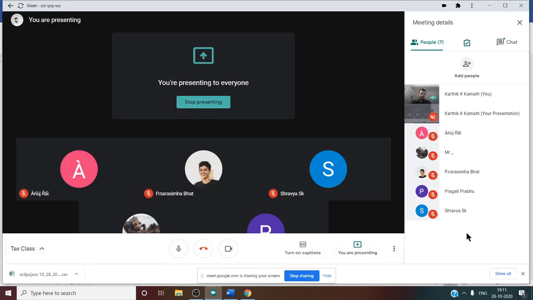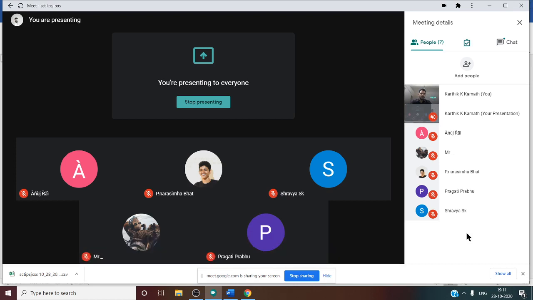Commuted pension means you are getting a lump sum amount. Instead of getting the pension amount in installments, if you opt for a lump sum amount, that becomes a commuted pension. There is also a provision that after receiving installments for certain years, you can claim the lump sum amount.